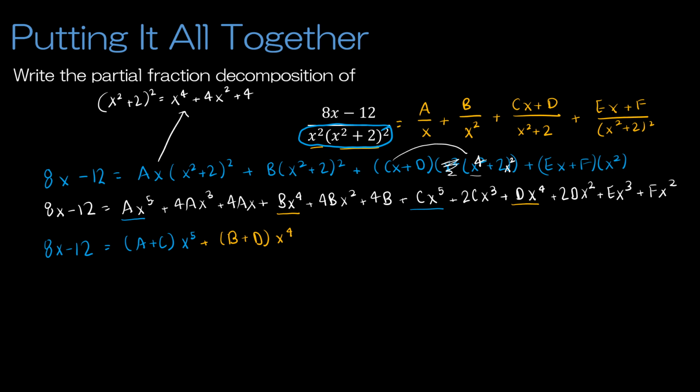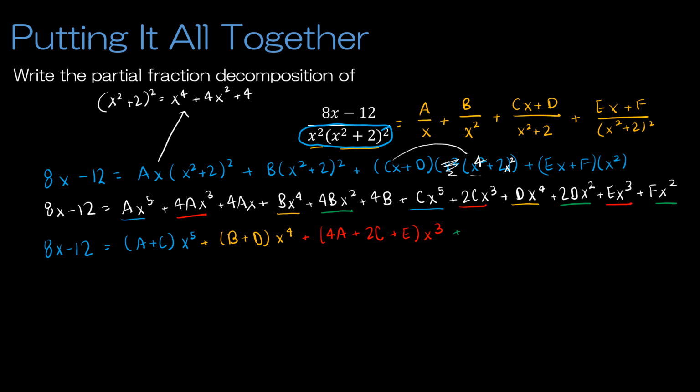And now I'm going to look at third power, 1, 2, 3. So I have plus (4a plus 2c plus e) x to the third. Now look for x to the second power.